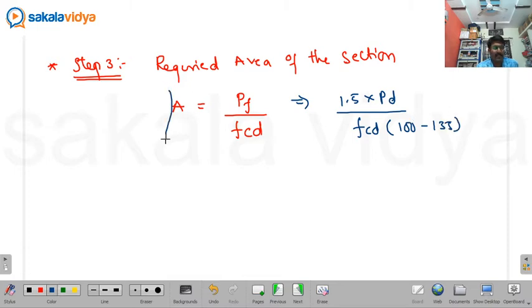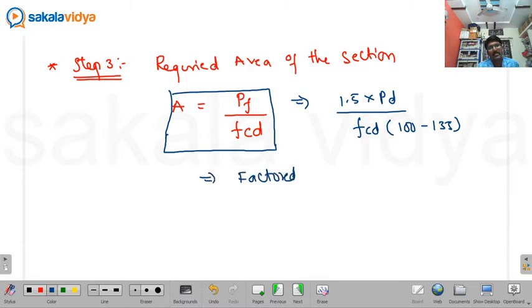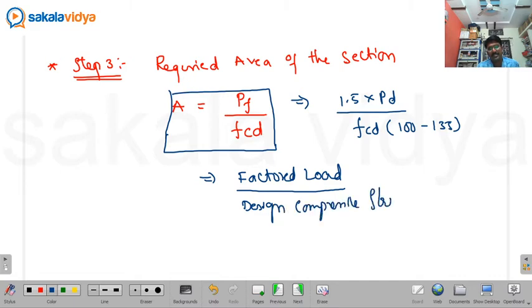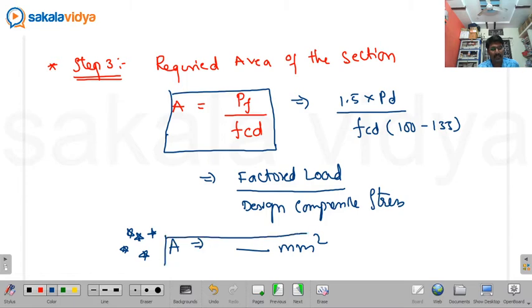So area is the factored load divided by the design compressive stress. By solving this, we get one area. This area plays an important role in designing the I section. Based upon this area, we have to select one suitable I section from the steel table book. So what is our step 4?